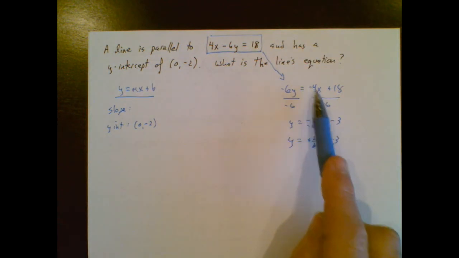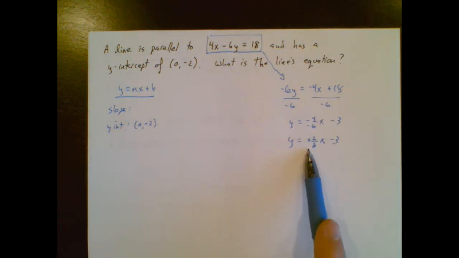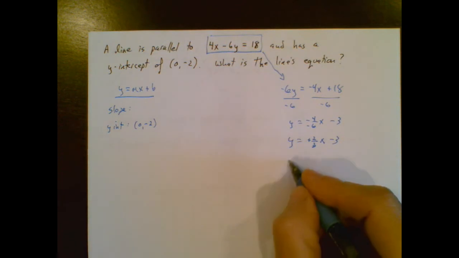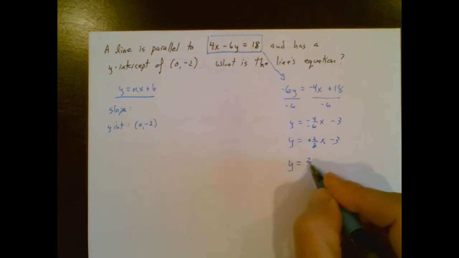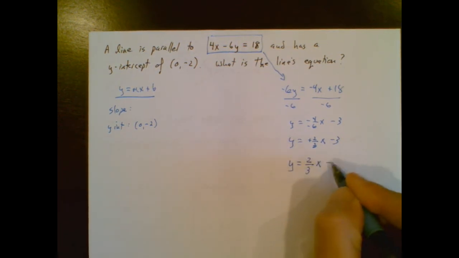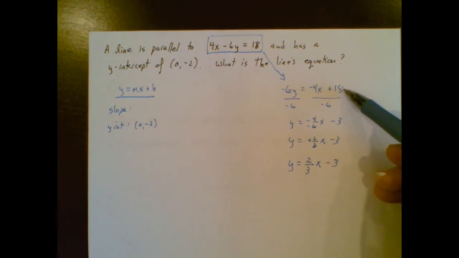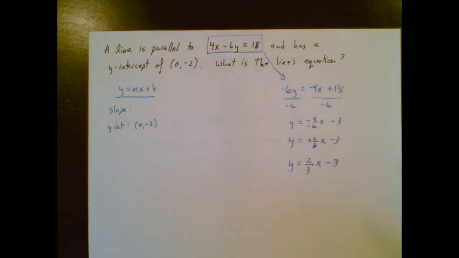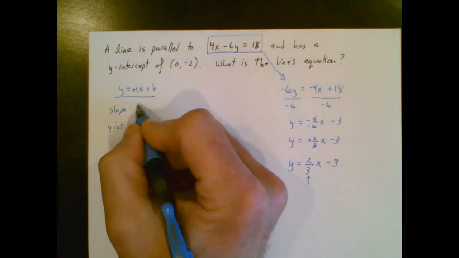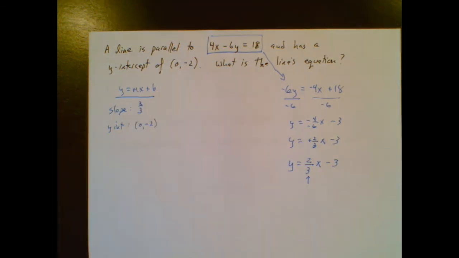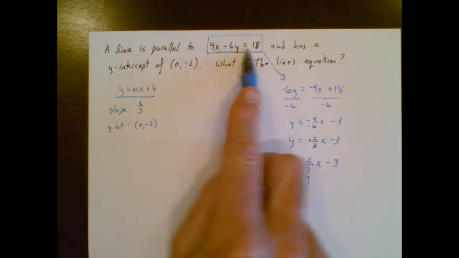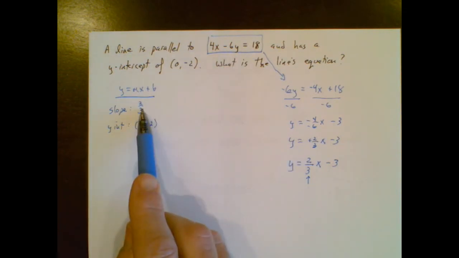A -4 divided by a -6 is a +2/3. That looks a little messy. Let me rewrite that. And then a +18 divided by a -6 is -3. But what I really care about is the slope of 2/3. So now I know my line, which is parallel to this line, has a slope of 2/3.